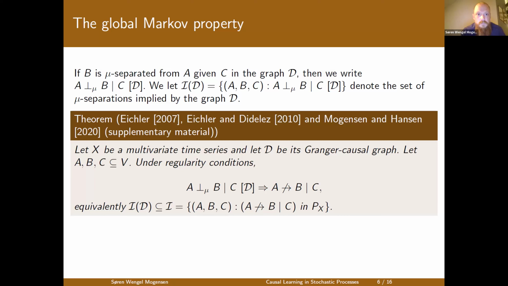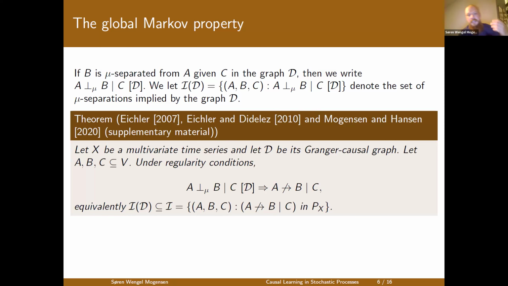And a bit of notation, we use this I of D notation to just denote the set of mu separations in this graph D. And under various conditions and various models, you can prove that we have this theorem, which is known as the global Markov property.